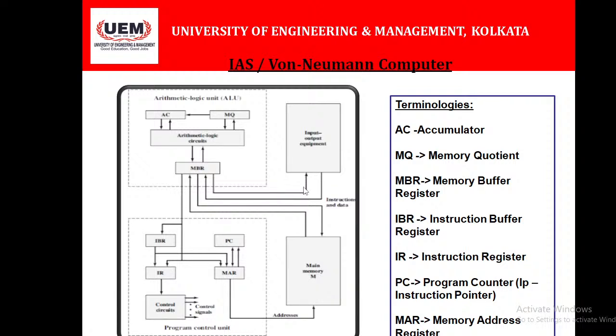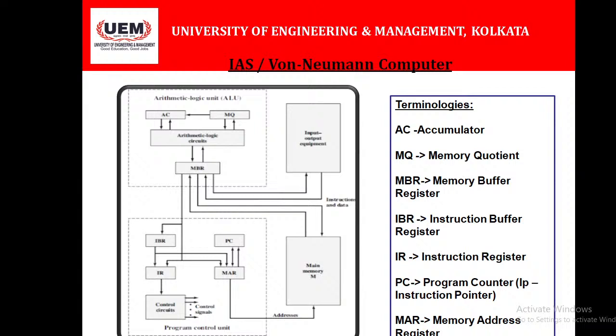Related control signals are generated, whether a read signal or a write signal. If it is a register-based operation, the registers are residing here, so it can just go to those registers and fetch the data from a register, or store the data in the register.